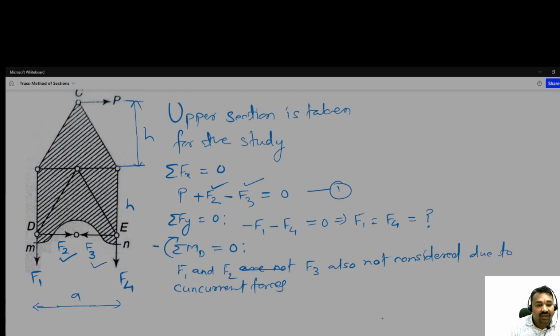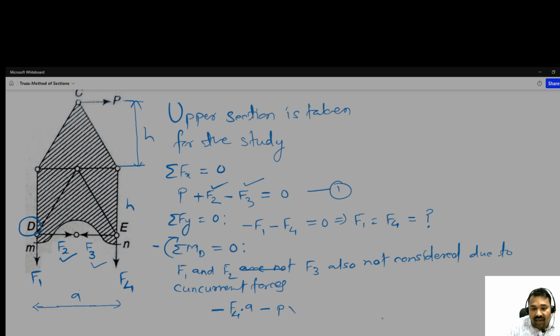So moment about D we are taking, this is the D. This F4 is clockwise, so that's why negative sign, F4 multiplied by the perpendicular distance A. And what about the horizontal force P? It is also the perpendicular distance.